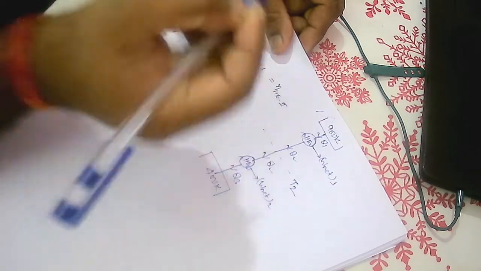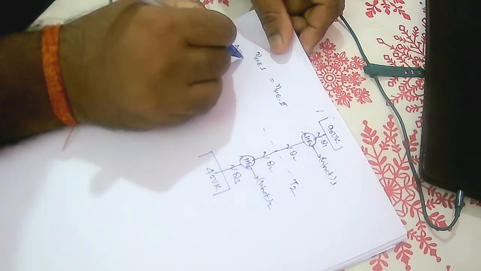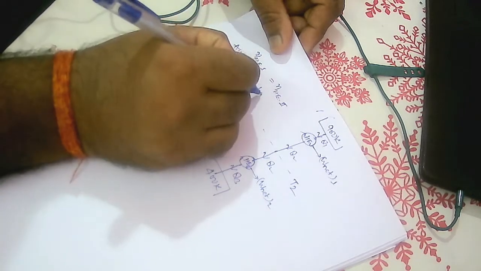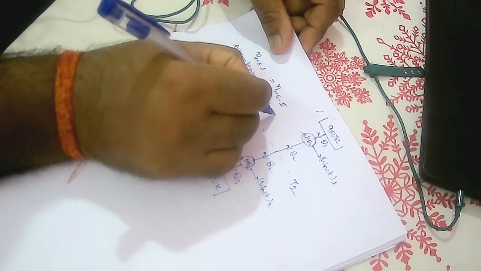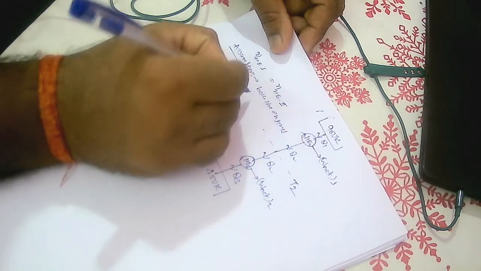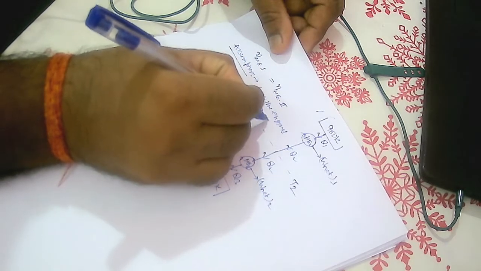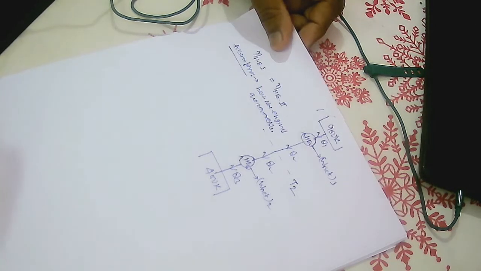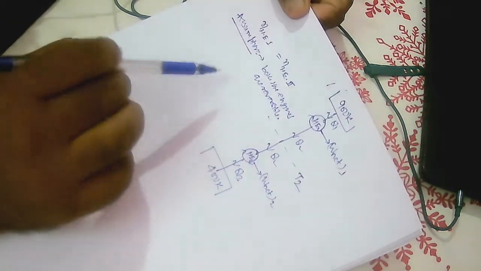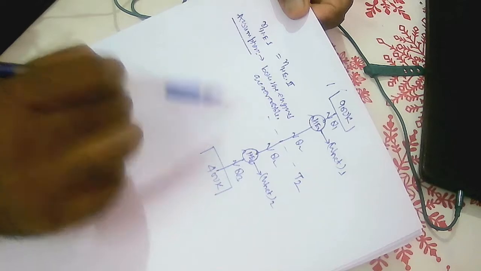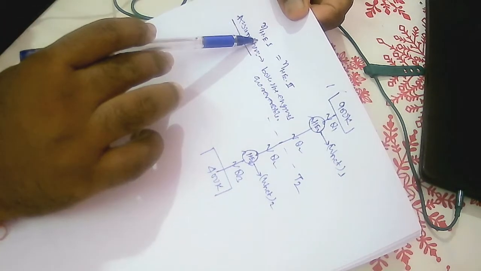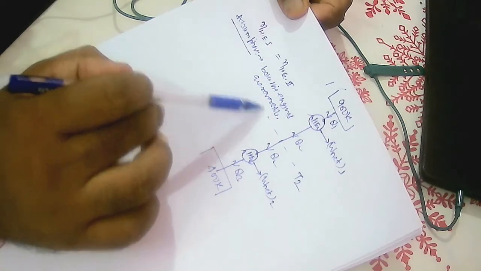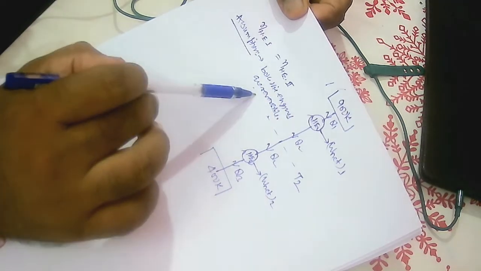Clear? Now put the assumptions you need to make. Both the engines are reversible. This is our assumption. Efficiency of heat engine 1 is equal to efficiency of heat engine 2. Once we say this is reversible, efficiency depends only on temperature.